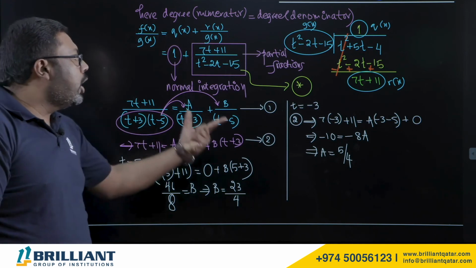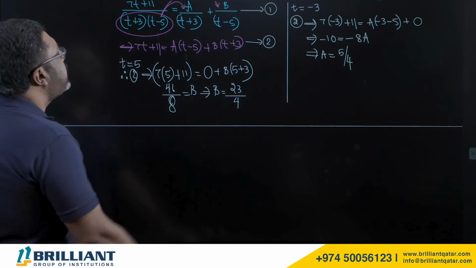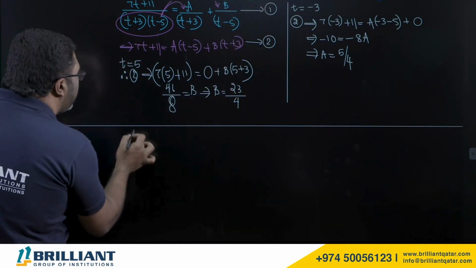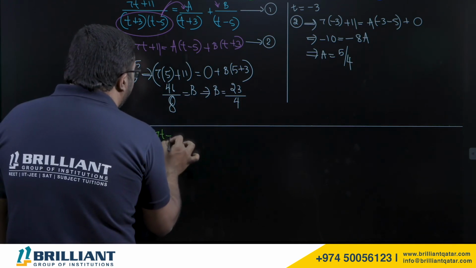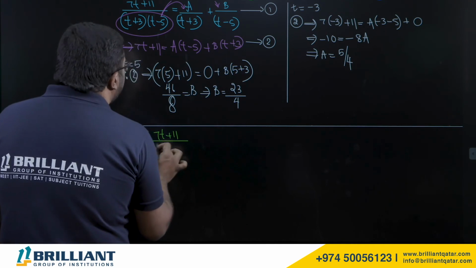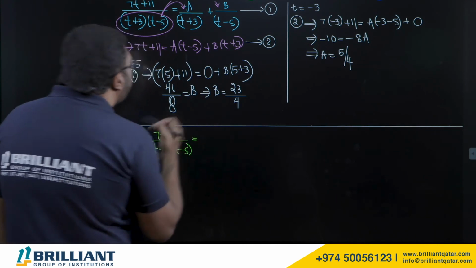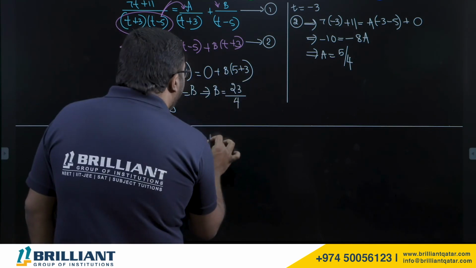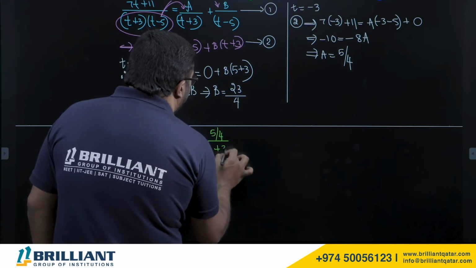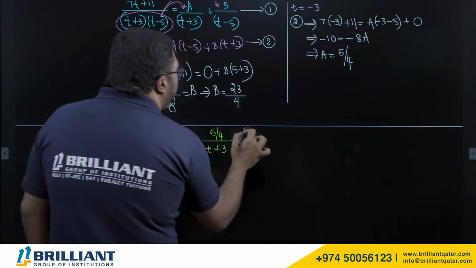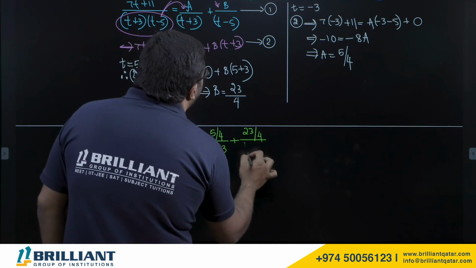I got B, I got A. Now I can go back to equation number 1. What is equation number 1 now? It implies (7t plus 11) divided by (t plus 3) into (t minus 5) is equal to A, which is 5 by 4, divided by (t plus 3), plus B, which is 23 by 4, divided by (t minus 5).